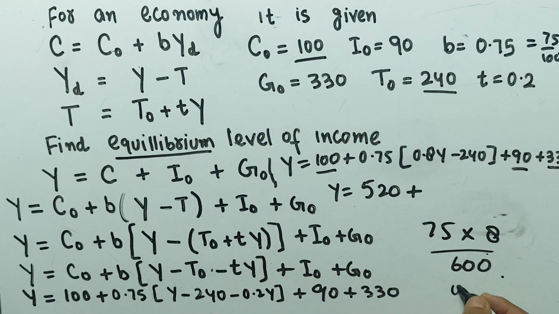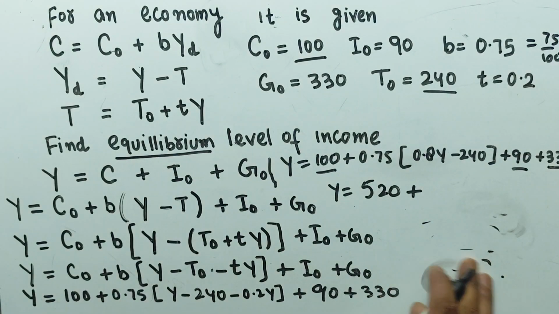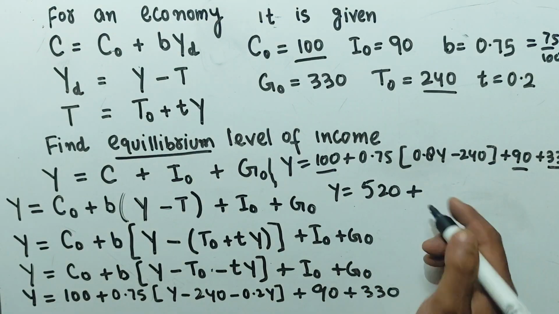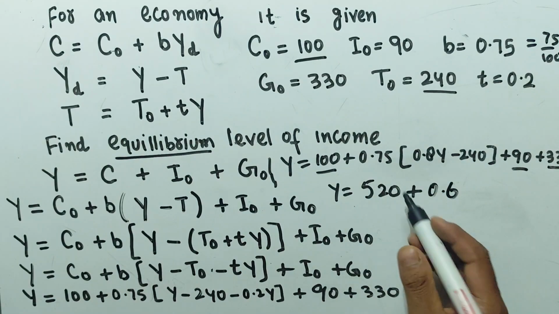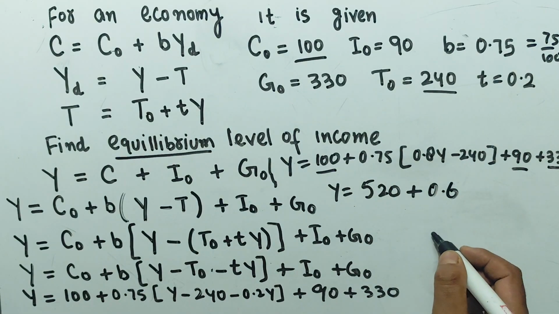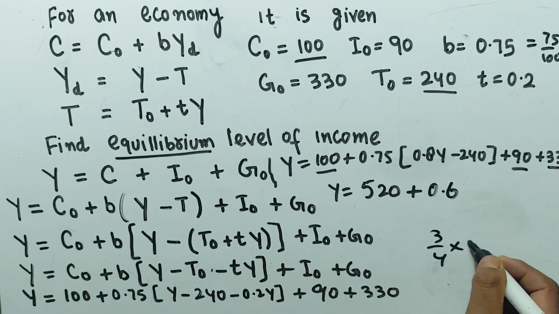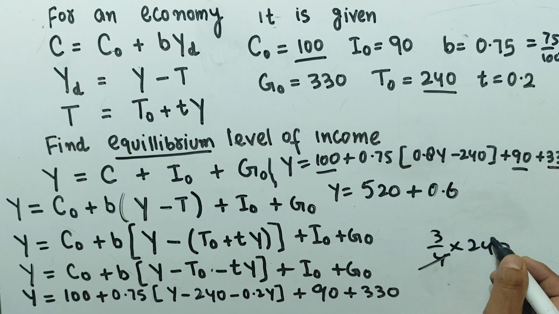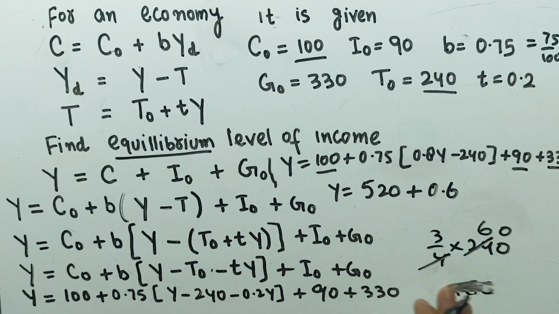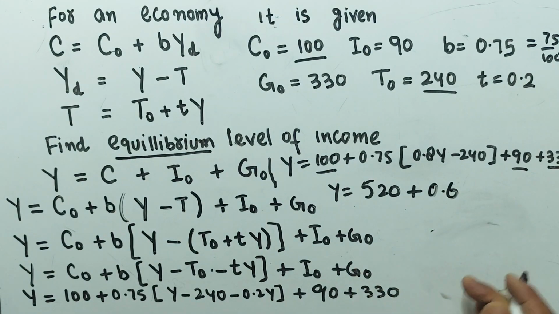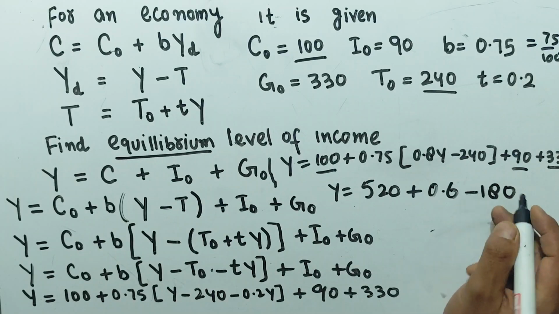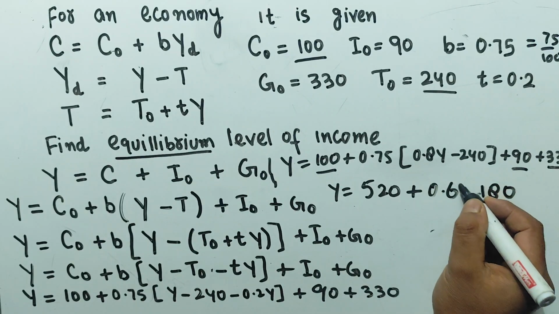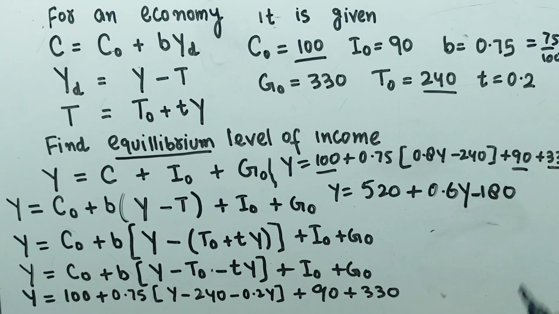So we will get 0.6. Then we have again 0.75 into 240, so this is 3 upon 4 into 240, so this comes out to be 180. So we have negative 180, and here we have y obviously.